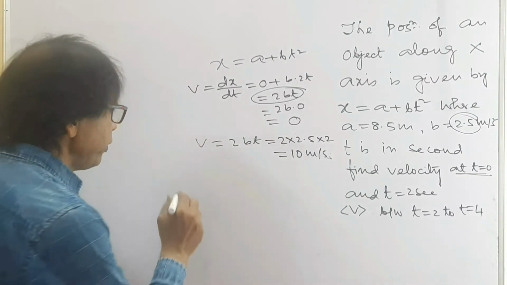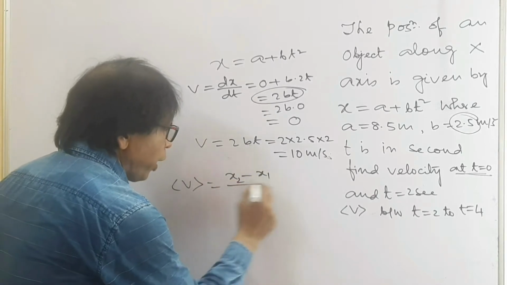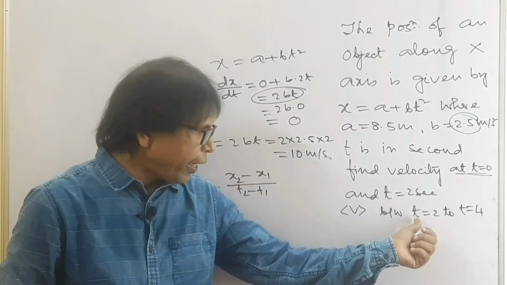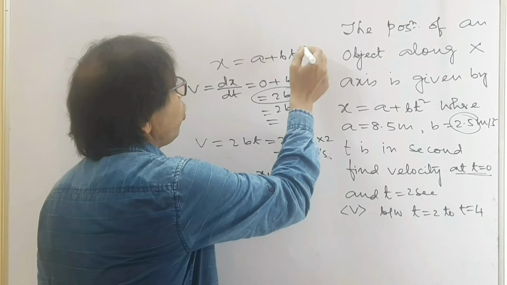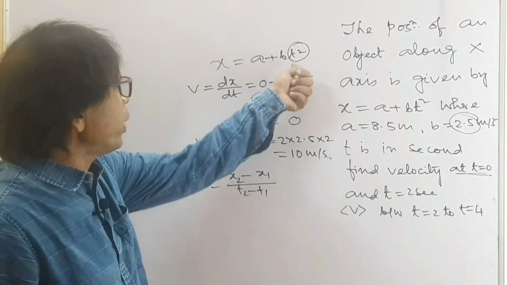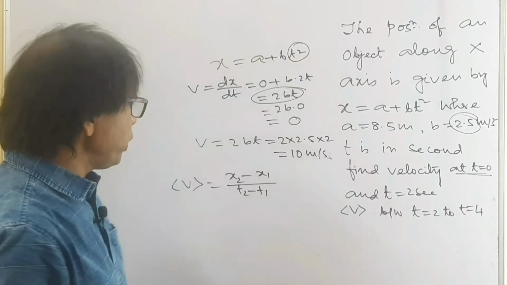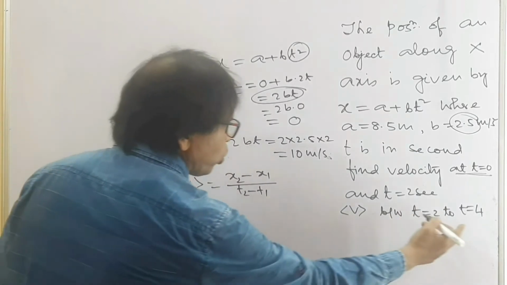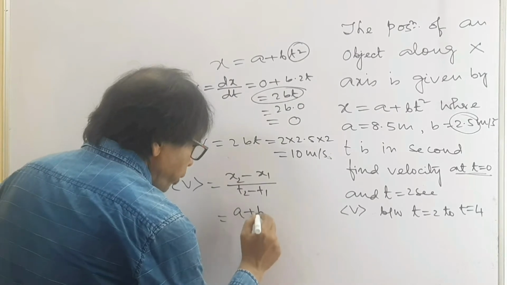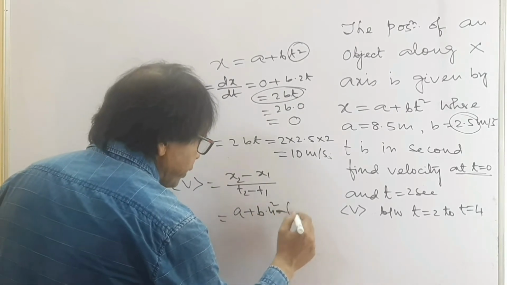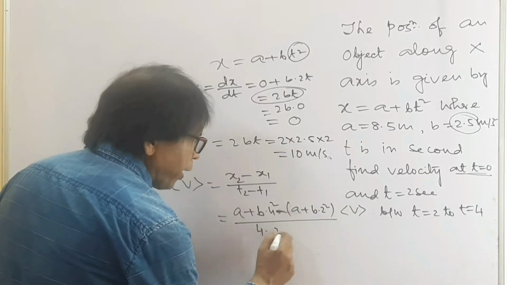The average velocity is x2 minus x1 divided by t2 minus t1. x1 means the position at t equal to 2: x1 equals a plus b into 2 square, so a plus 4b. x2 equals a plus b into 4 square, so a plus 16b. So it is a plus 16b minus a plus 4b, divided by 4 minus 2.